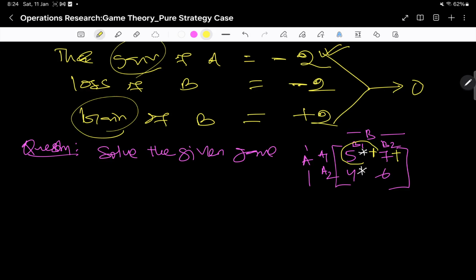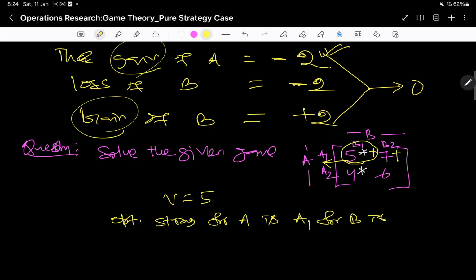So this point is the saddle point. By solving the game, the value of the game V is equal to 5, and the optimal strategy for A is the corresponding row A1, and for B it is B1.